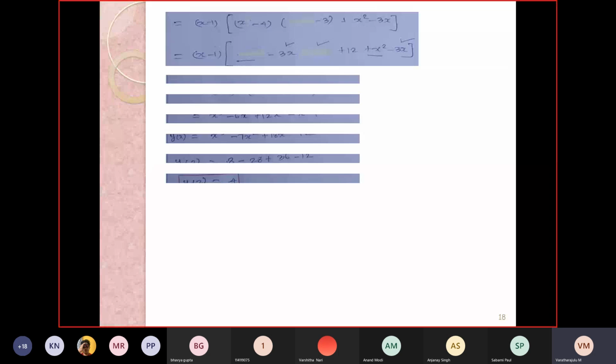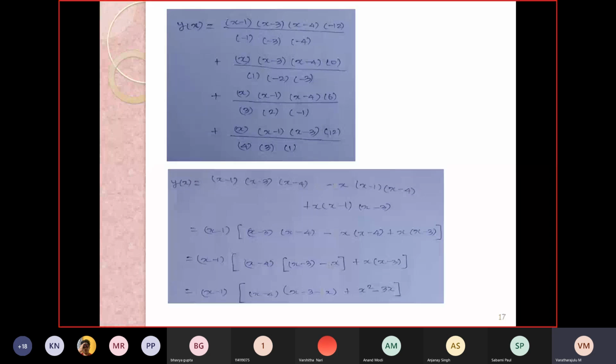See here, the first term has the denominator as 12, and here we have 6, and here that too with minus 12, here plus 6, here minus 6, and plus 12.